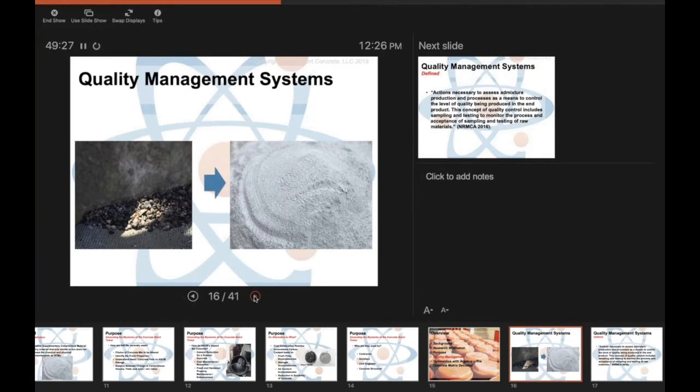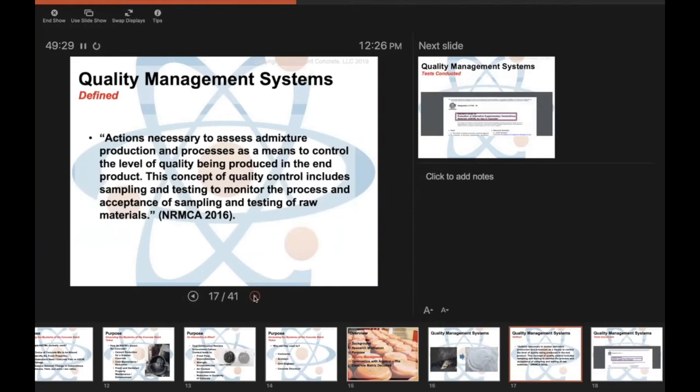Quality management systems define actions necessary to assess admixture production and processes as a means to control the level of quality being produced in the end product. This concept of quality includes sampling and testing to monitor the process and the acceptance of sampling and testing of raw materials.